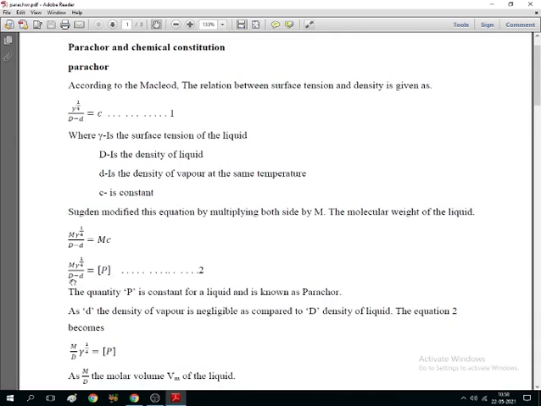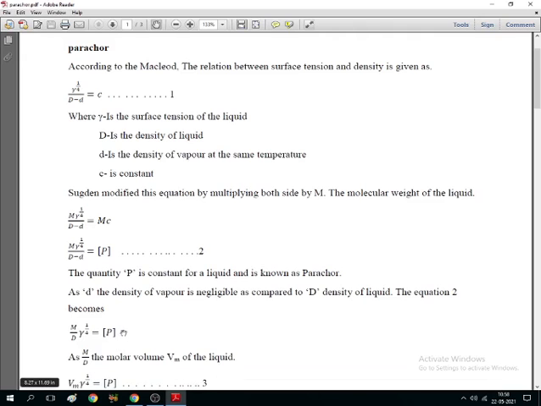Now when we compare capital D and small d, capital D is the density of the liquid and small d is the density of a vapor. That density of vapor is very small as compared to capital D, and therefore it can be neglected, and equation 2 becomes M by D into gamma raised to power 1 by 4 is equal to P, that is the Parachor, which is a constant.